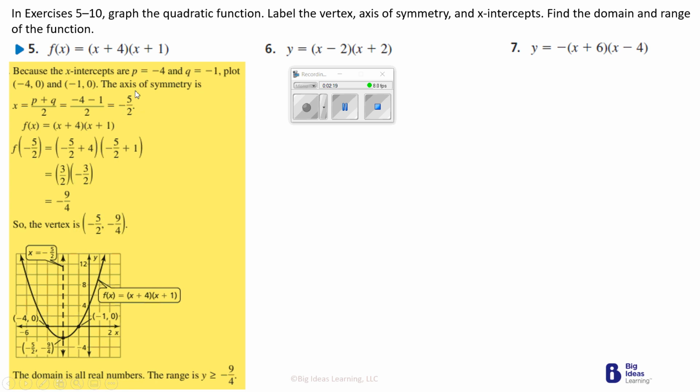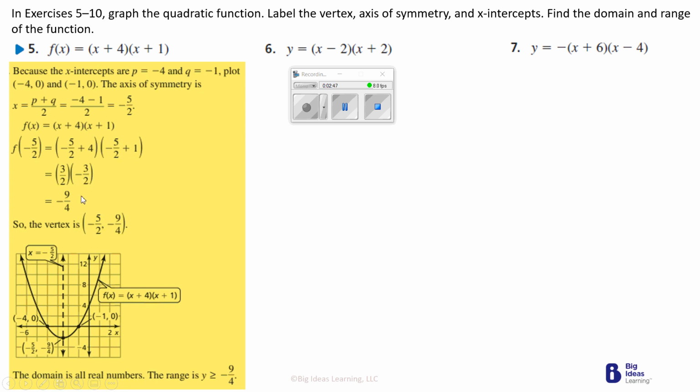Now we're going to plug this axis of symmetry back into the formula for x, and that's going to let us know where the vertex is. All right, so we're going to take -5/2 and replace x with -5/2. Sorry, other way around. -5/2 plus 4 is 3/2, and -5/2 plus 1 is -3/2.